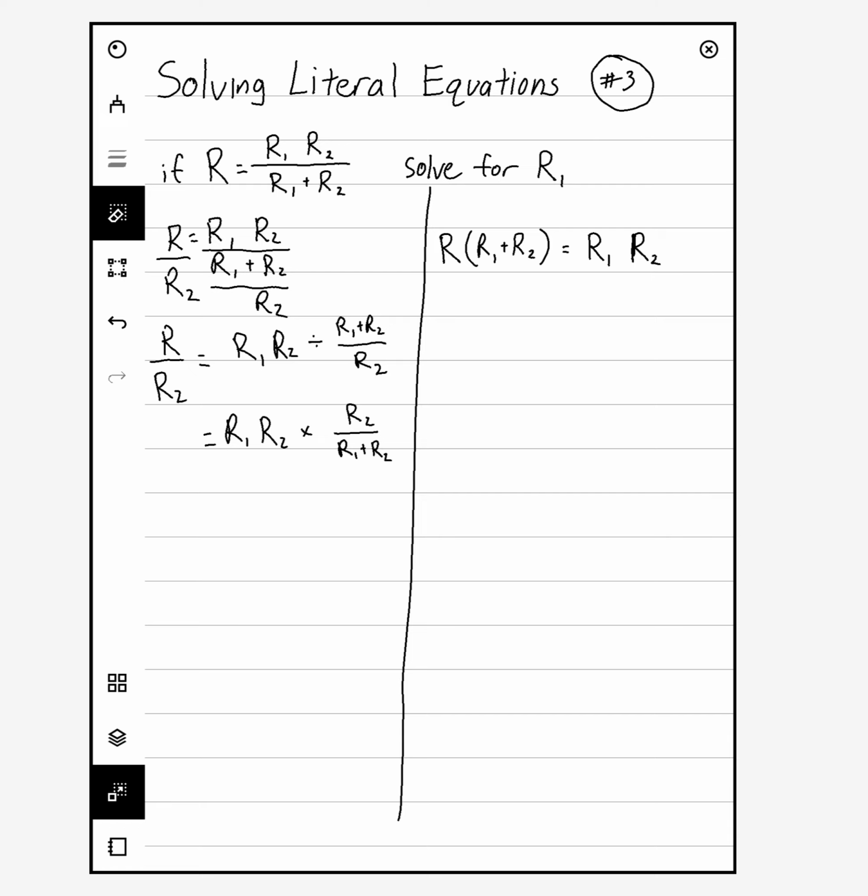No, I don't think that's what I meant. Let's go back a step. My idea was to divide this part. So we would do, let's keep the r1 plus r2 here. And let's just say divide by r2 or multiply. Okay, we can rewrite that as this.